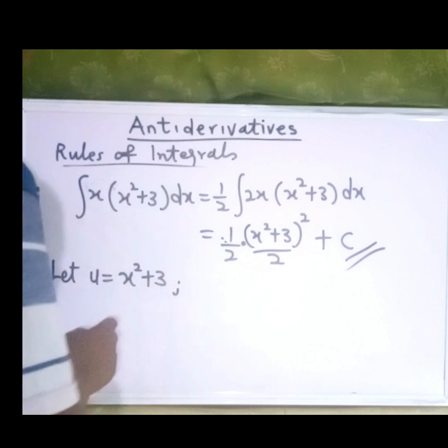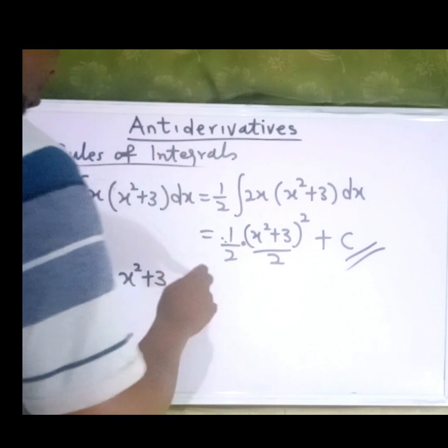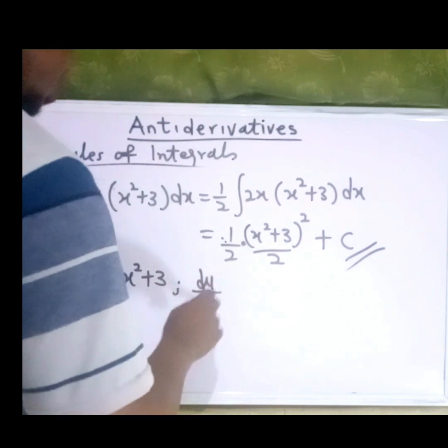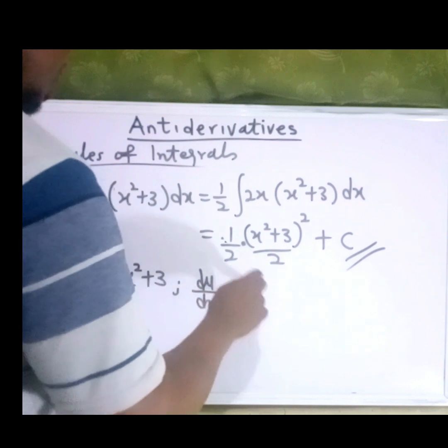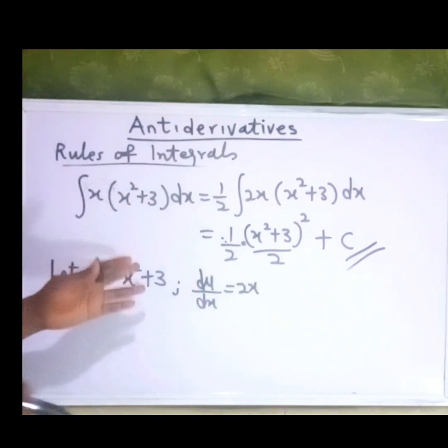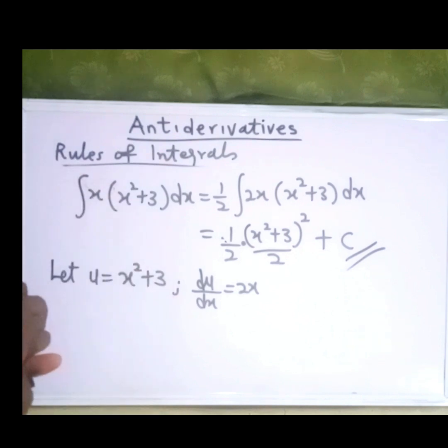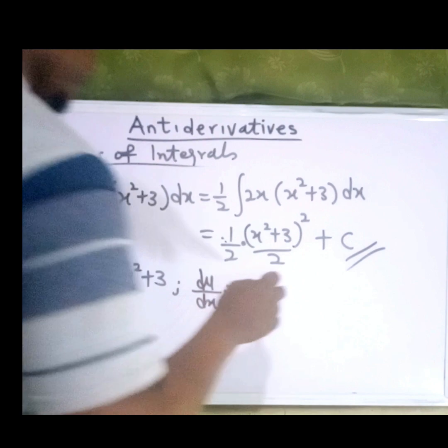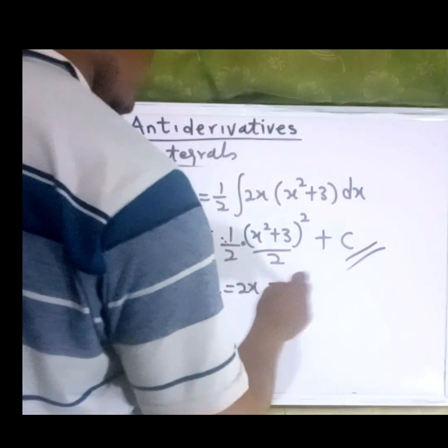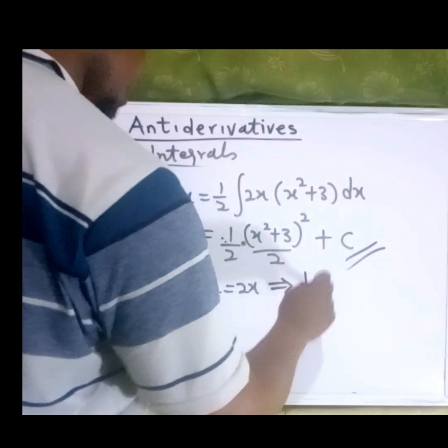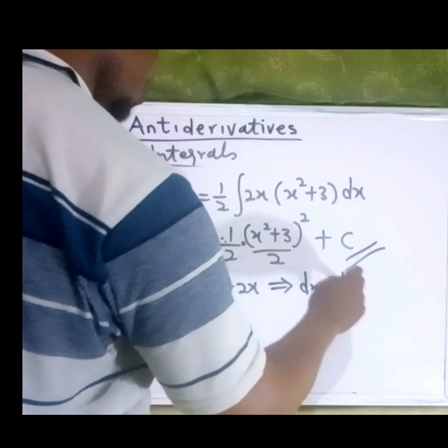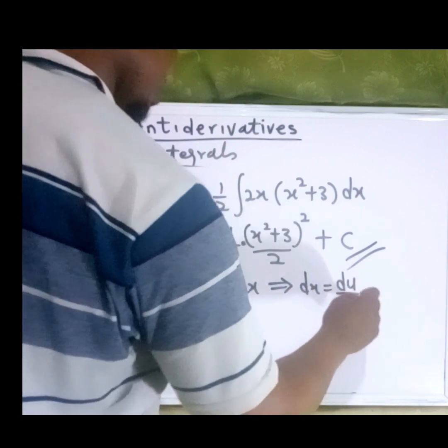So here, if you find the derivative of u with respect to x, this is 2x, which is the slope that's multiplying the term there. What I'm trying to do here is to change all the variables of the integration. This implies that dx equals du over 2x.